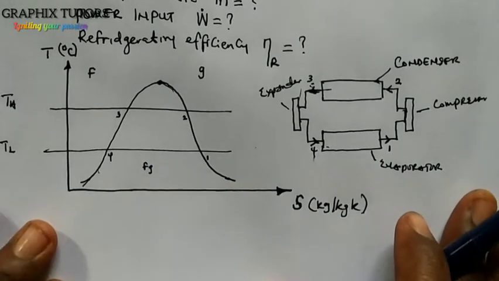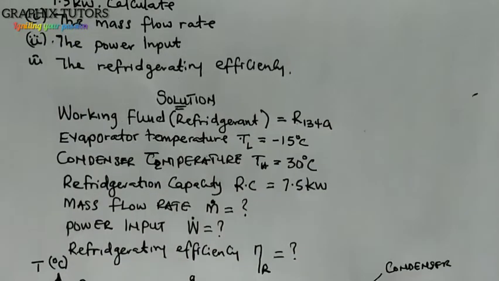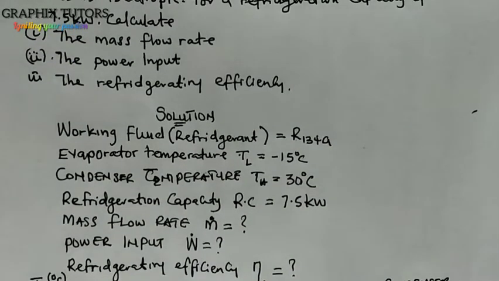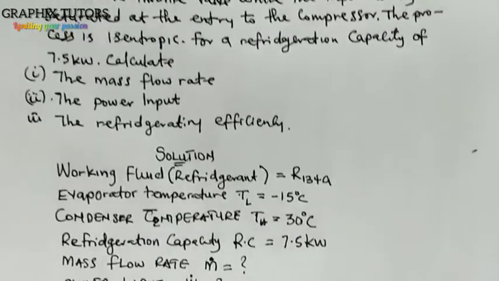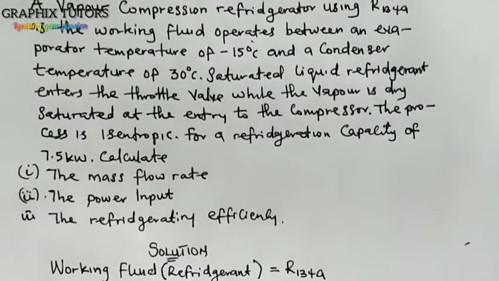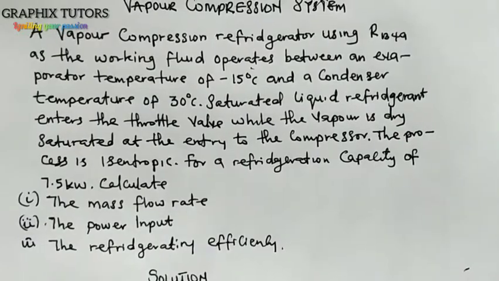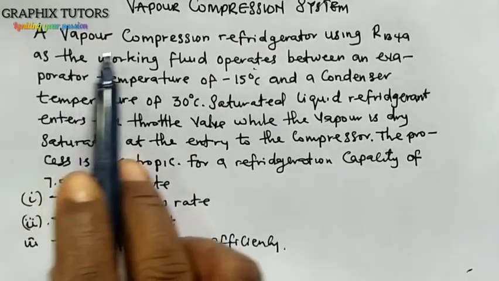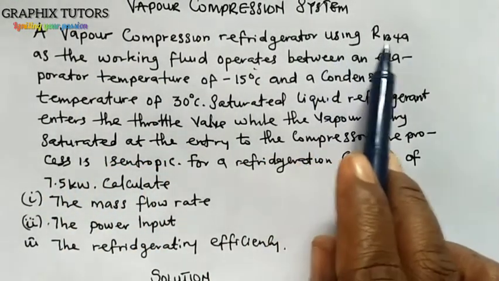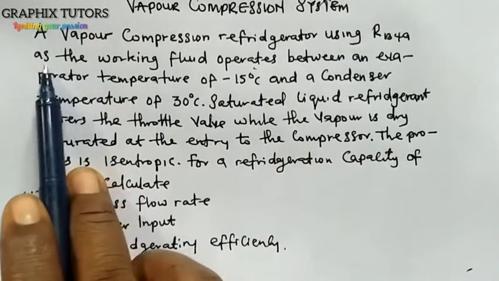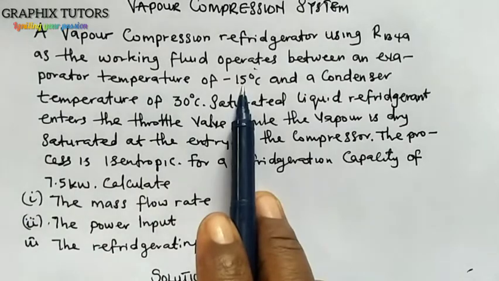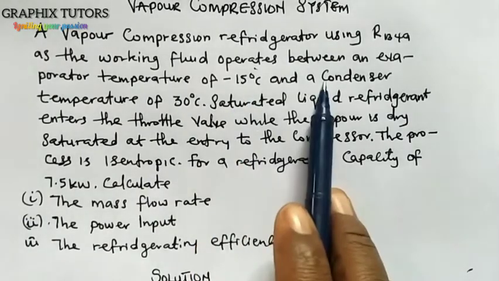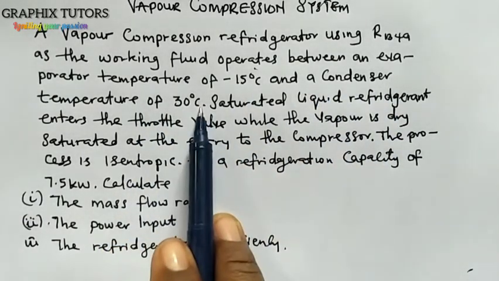So from our question here, it says that the vapor compression refrigerator using R134A as a working fluid operates between an evaporator temperature of -15 and a condenser temperature of 30 degrees Celsius.